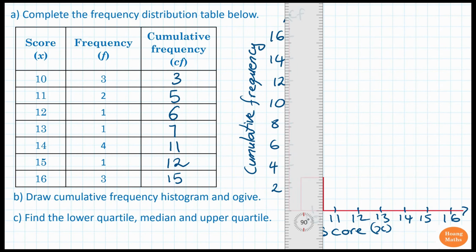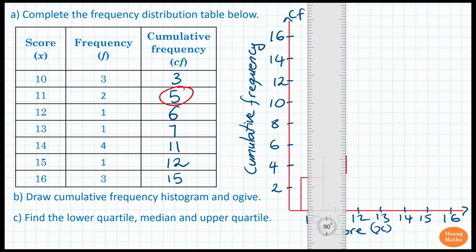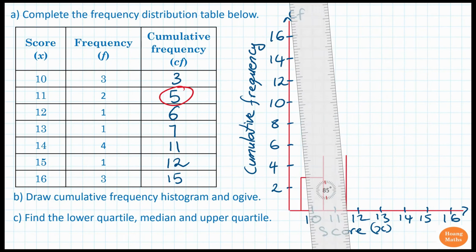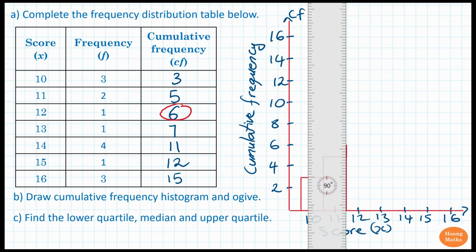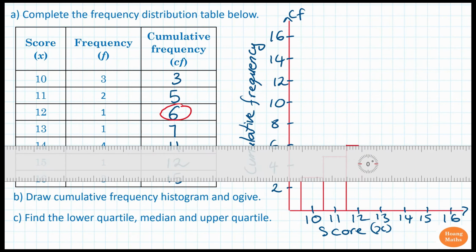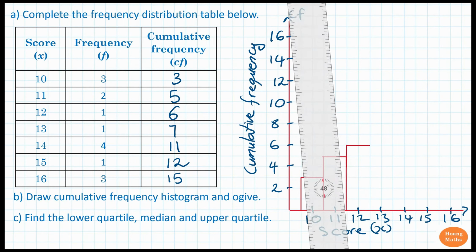And the next one is 5. So I draw all the way to 5. And the next one is 6. For 13, the cumulative frequency is 7.